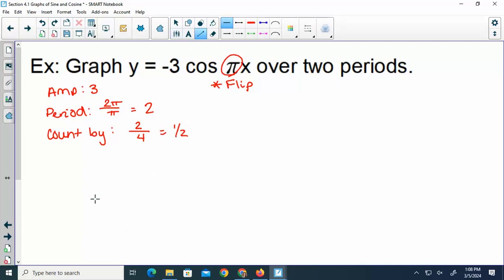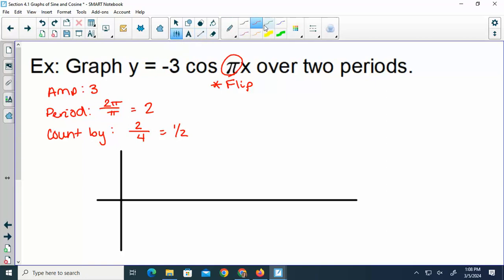I'm picking this up so easily, I can't wait for it to be bad. How many periods? 2? So on this, my amplitude is 3. So my high point would be at positive 3. My low point would be at negative 3. Okay, we're starting at 0.